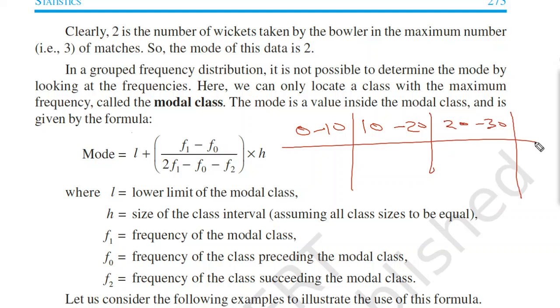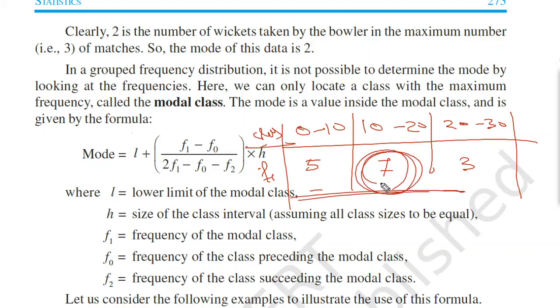Suppose we take one example. 0 to 10 has frequency 5, 10 to 20 has frequency 7, and 20 to 30 has frequency 3. You can write the frequency as fi. This is the class. Now you see which class has the highest frequency. Clearly 7 is the highest frequency, and the class is 10 to 20.